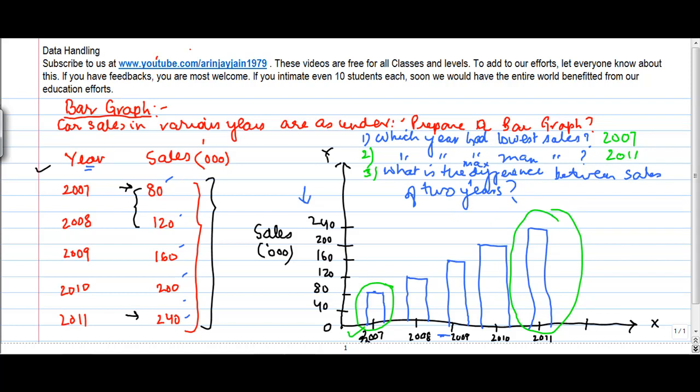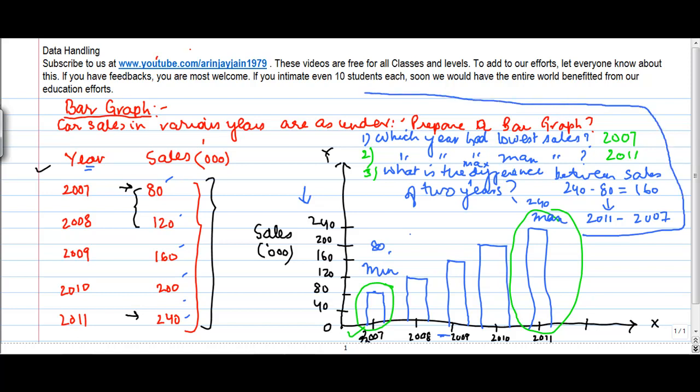Now obviously the maximum difference between sales of 2 years will be between the year where it is minimum and where it is maximum. Now assuming you would have plotted the data of 80 and 240 here, you could have very easily found out 240 minus 80 is equal to 160, and the difference is between 2011 and 2007. So similarly, there could be many more questions that can be answered using the bar graphs.